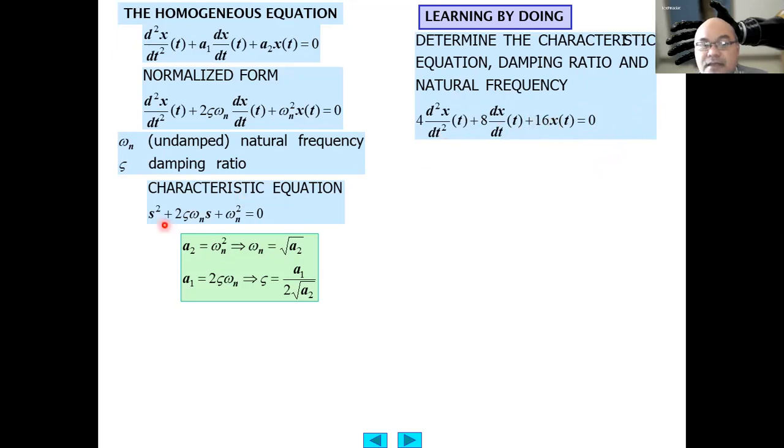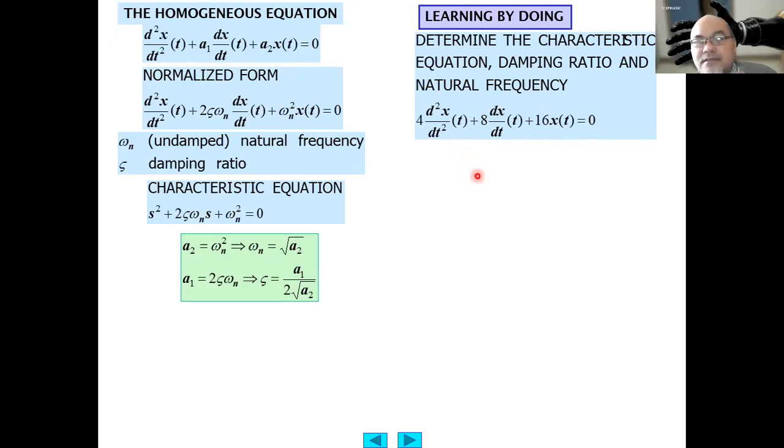If you look at the characteristic equation, the coefficient of the second order term should be made into 1, right? Only then can we find A1 and A2. So to make the coefficient of the second order term 1, we have to divide each term by 4.